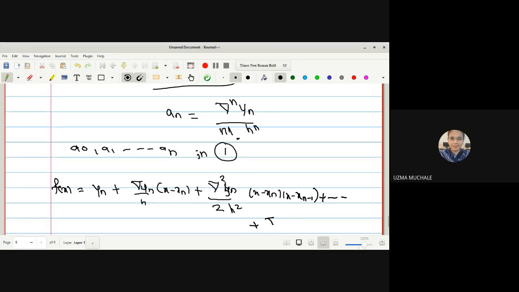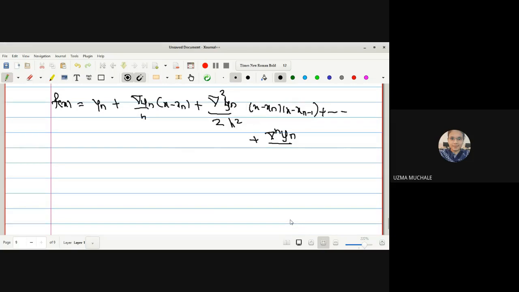The last term del to the n yn divided by n factorial h raised to n, here is x minus xn minus 1 and up to so on x minus x1.